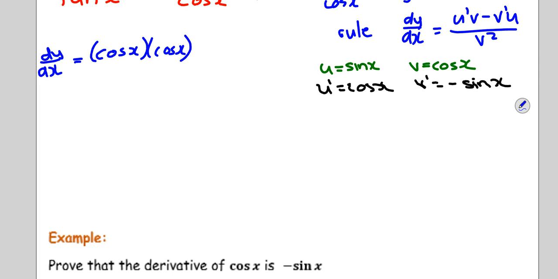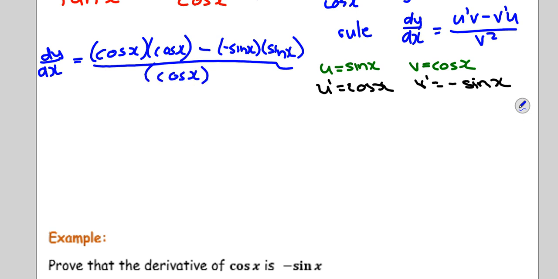And notice it's minus. So minus v dash u. So minus, in brackets, negative sine x, times sine x. It's horrible. It is over v squared, cos x squared. That's cos squared x.